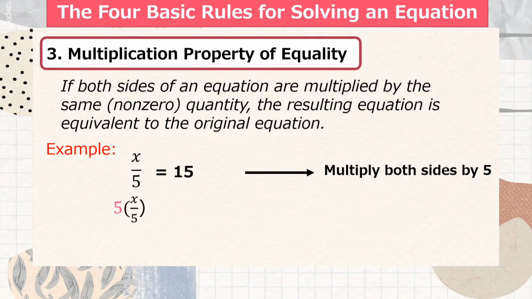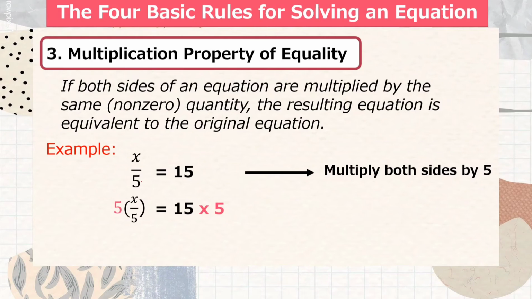So we have now 5 times x over 5 is equal to 15 times 5. Kung mapapansin nyo, gumamit tayo ng another symbol ng multiplication. Pwede siyang through parenthesis, pwede rin siyang sa tuldok or period, or mismo yung plus sign ng times.